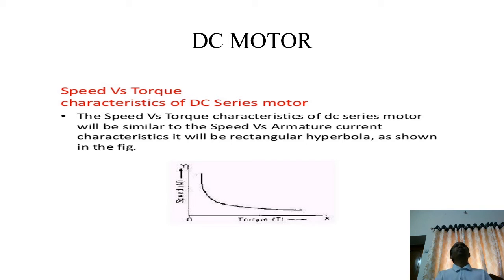Before drawing the characteristics of the DC series motor or DC shunt motor, we must remember a few conditions, and then you can draw the characteristics of the DC shunt motors.